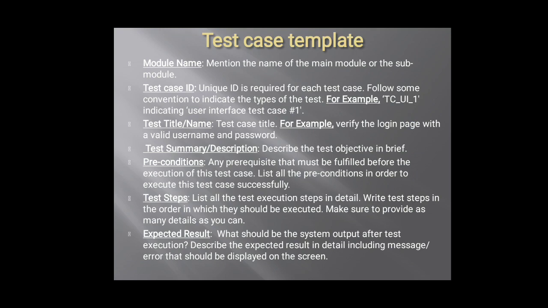What should be the system output after test execution? Describe the expected result in detail, including the error message that should be displayed on the screen. Now, once the test cases have started executing, if there is some error, there should be a pop-up message displayed on the screen, so that the tester understands that there was an error and we have to rectify it.